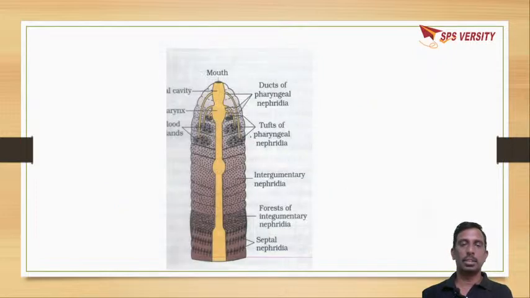Here you can see in the 4th, 5th and 6th segment there are pharyngeal nephridia which open into the alimentary canal. Integumentary nephridia are present in the body wall from the 3rd segment. Septal nephridia are present from the 15th to the last segment, on the septa.